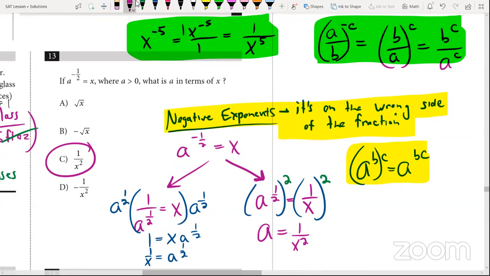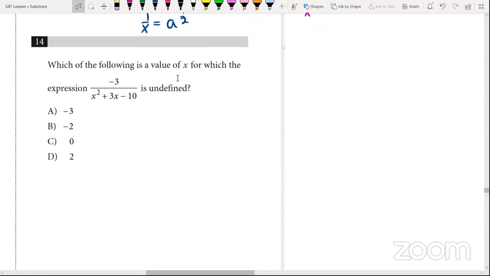Now we're going over to number 14. So number 14 is kind of quizzing us on our understanding of what makes an expression have undefined values.